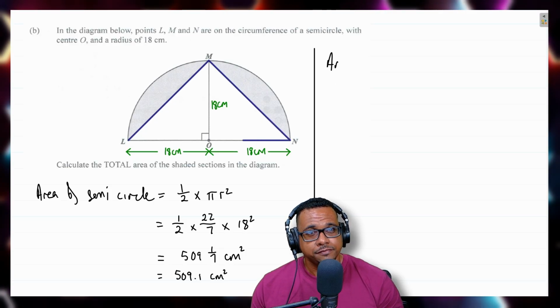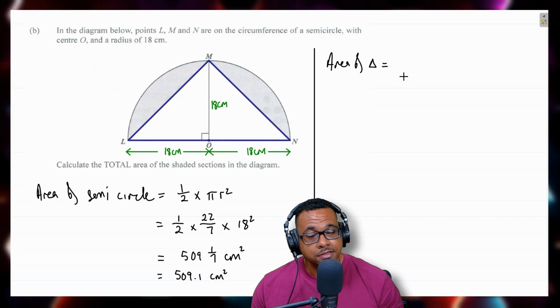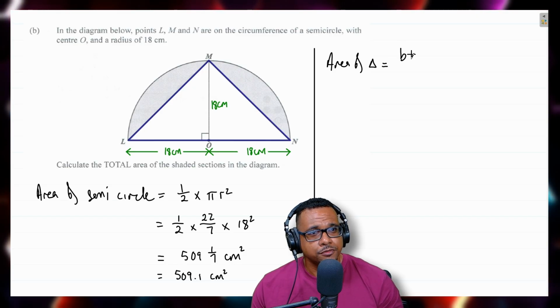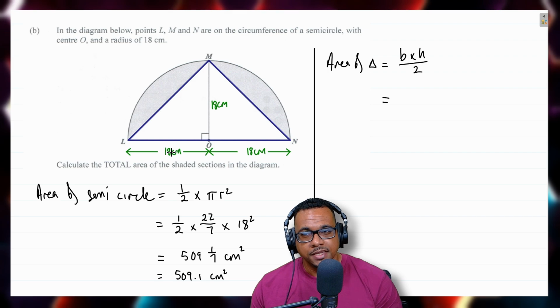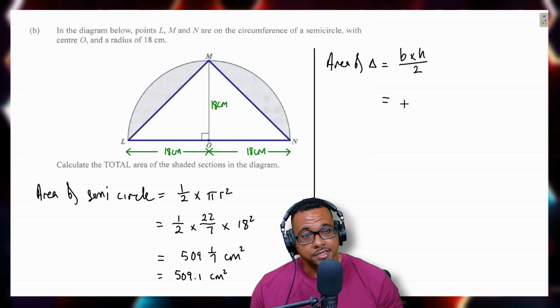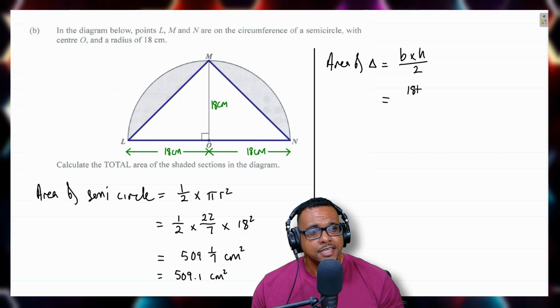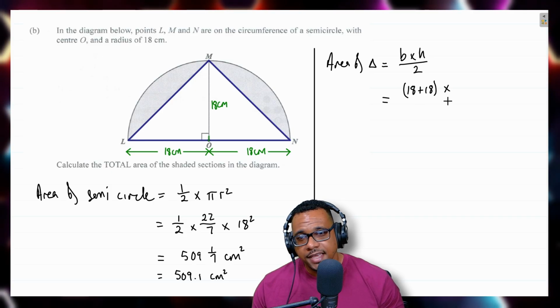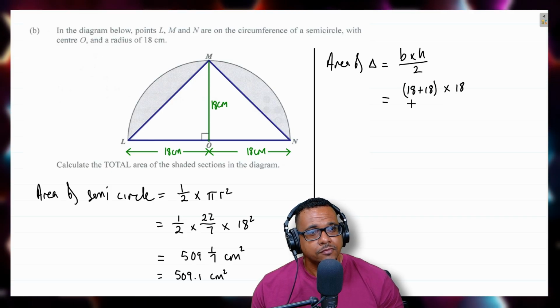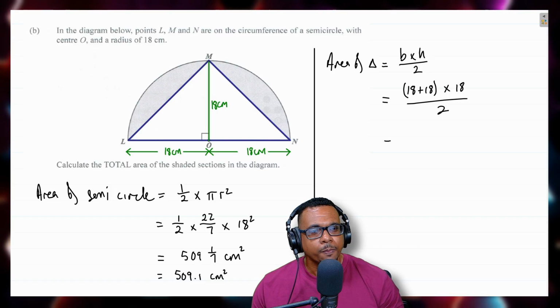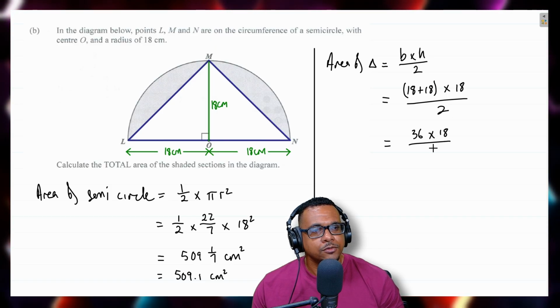So area of triangle is equal to, and I'll just put base by height over 2. And the base being 18 plus 18, which is 36. I'll still write it like this, 18 plus 18, that's the base, times the height, which is 18, over 2. So what we get is 36 times 18 over 2.